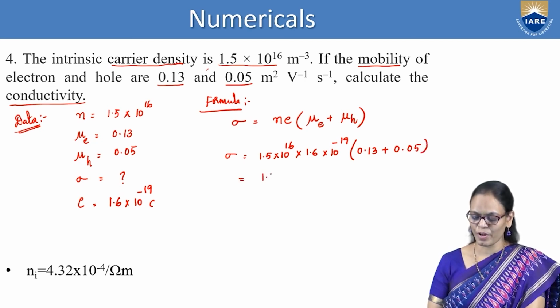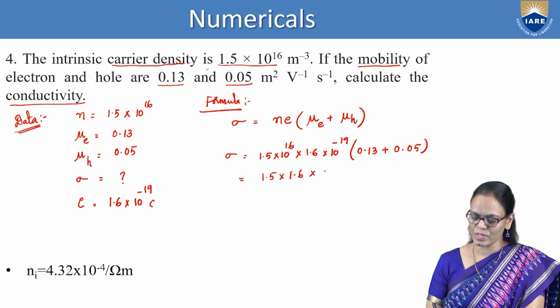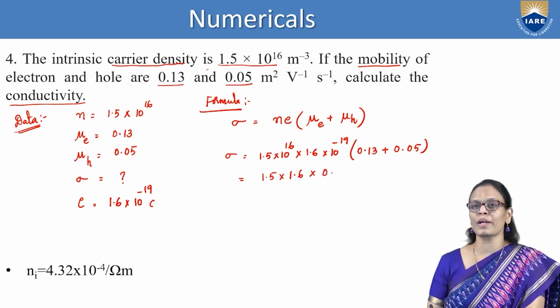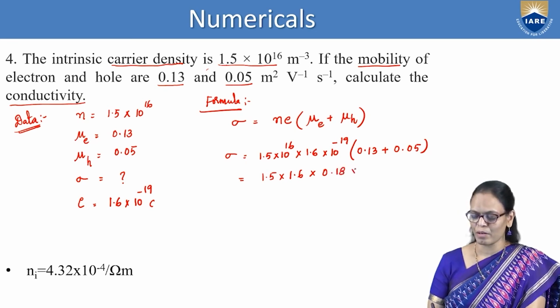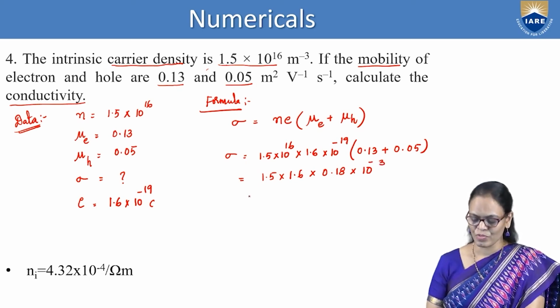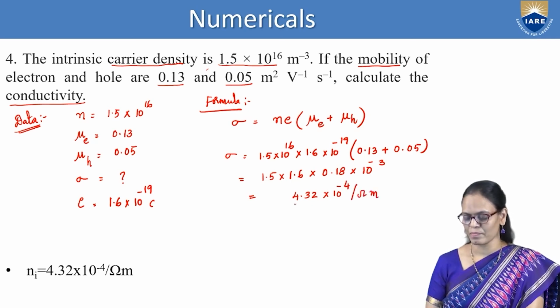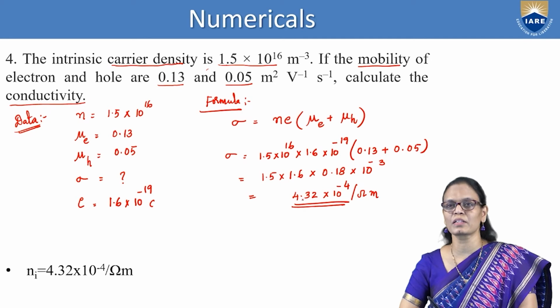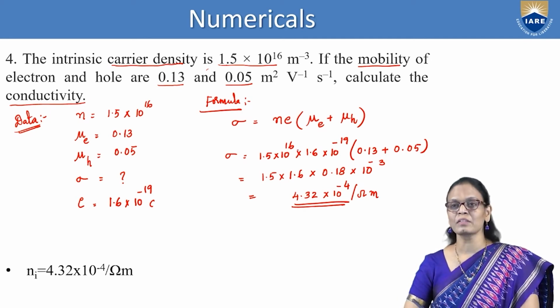So we have 1.5 into 1.6 into 0.13 plus 0.05 is 0.18 multiplied by 10 power plus 16 and minus 19 will give us minus 3. So what you get here is 4.32 into 10 power minus 4. So this is the value of conductivity we are getting with the data given.